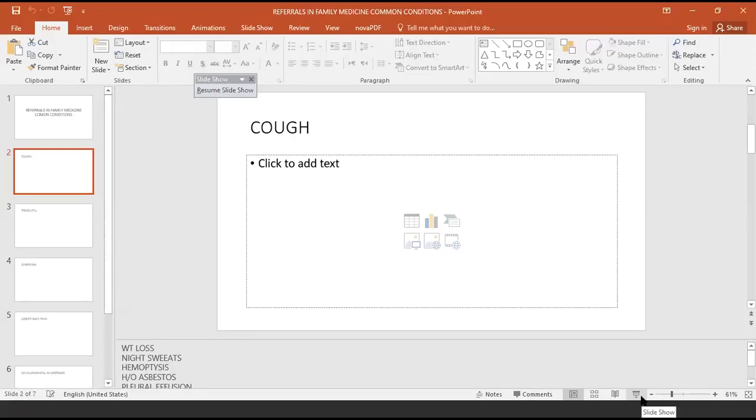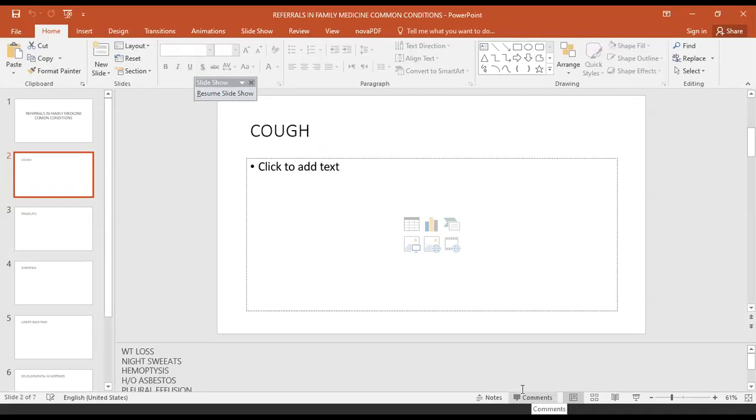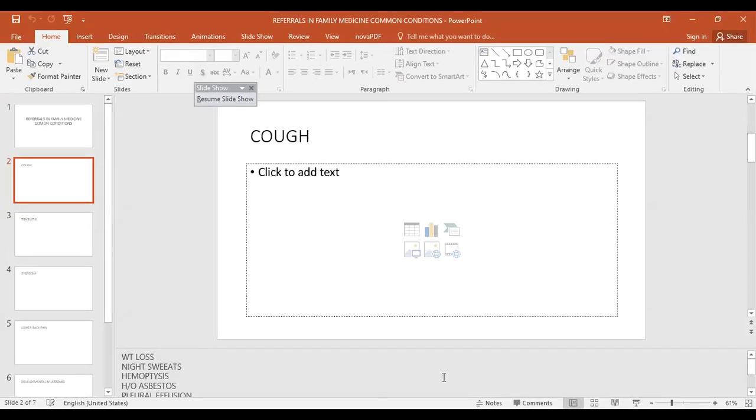So for any symptom or topic that you are reading, you should know what the danger signs are and when you are going to refer that patient. For cough, it is weight loss, night sweats, hemoptysis, maybe history of asbestosis or pleural effusion, and stridor, hoarseness, superior vena cava syndrome like swelling of the neck, and if the cough is greater than 3 weeks. So these are all danger signs in cough.